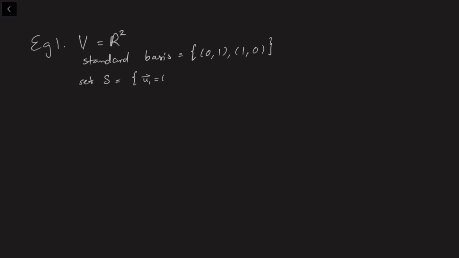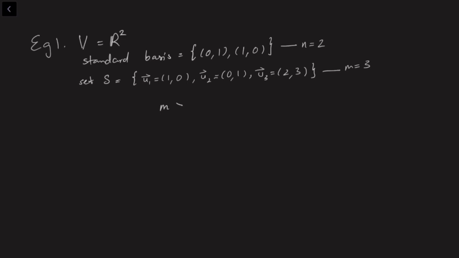Let's say u1 is 1, 0, u2 is 0, 1, and u3 is 2, 3. So here we can see that the vector space has dimension 2, so there are 2 vectors in the basis, and the set has 3 vectors.